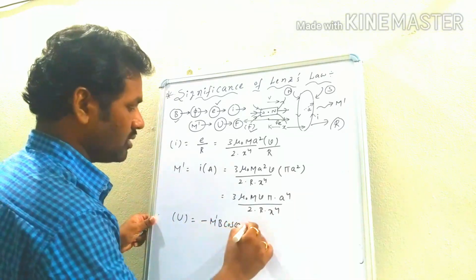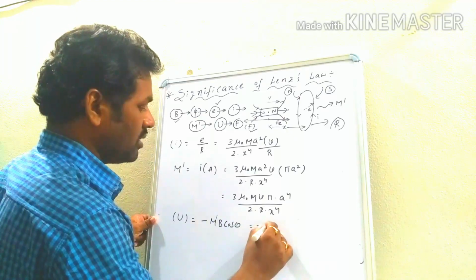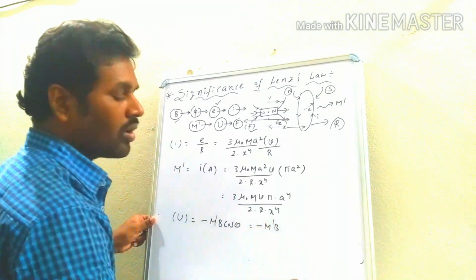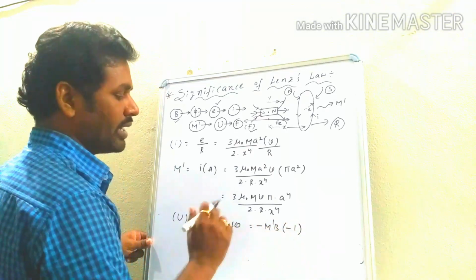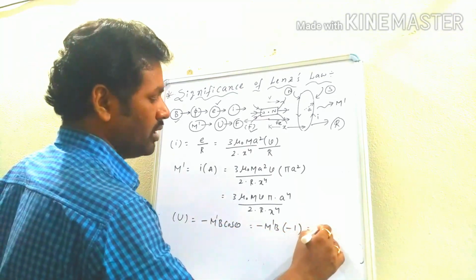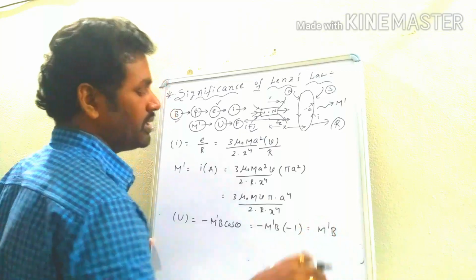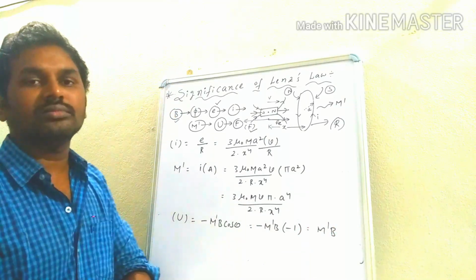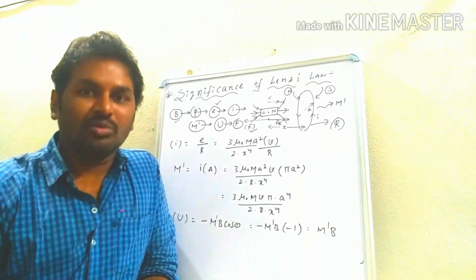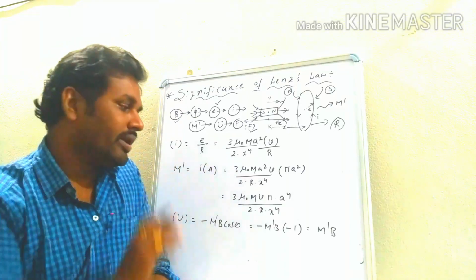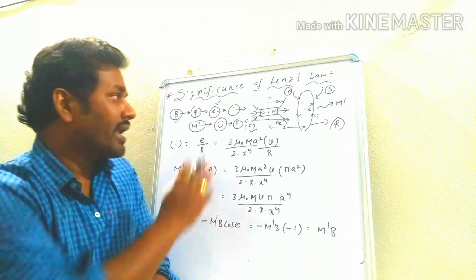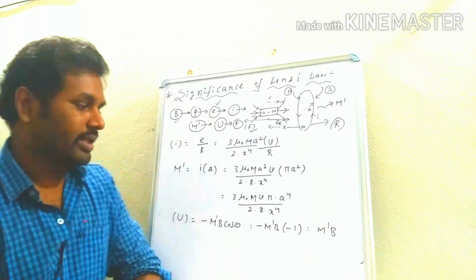So you can take minus M dash B into cos 180, which is minus 1, and the negatives get cancelled, which is equal to M dash into B. What is M dash? It is the magnetic moment of the coil, and B is the magnetic induction of the bar magnet.